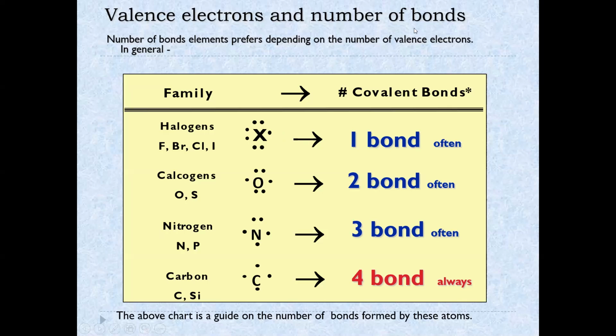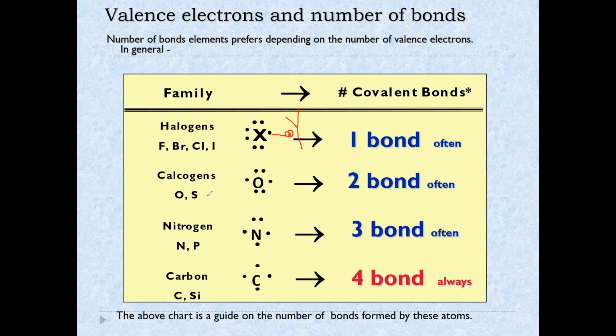If another atom comes in here, let's say we have atom Y, this is a hypothetical atom, it has an electron that it can share with a halogen. So when this happens, the halogen will now have 1, 2, 3, 4, 5, 6, 7, 8. So that is why the only bond that the halogen can form most times is a single bond.